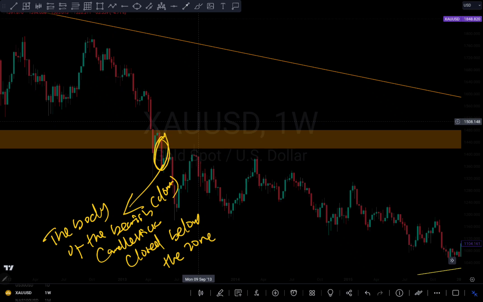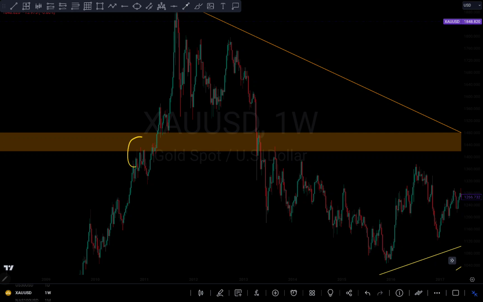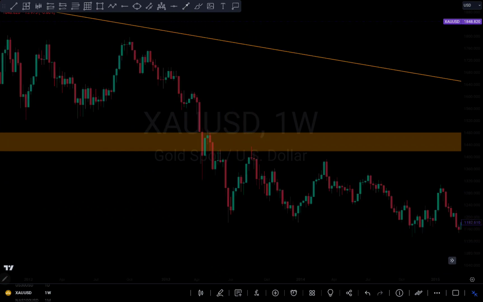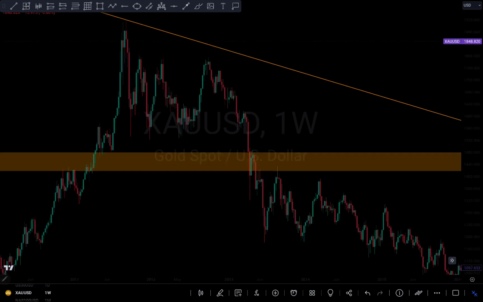So those are confluences that there is a possibility that we might now continue to push to the downside, because based on the previous price, we can see that it is a really strong zone that takes a while to break. And now that it breaks and the candlestick is below the zone, there is a higher chance that we might continue to push to the downside.